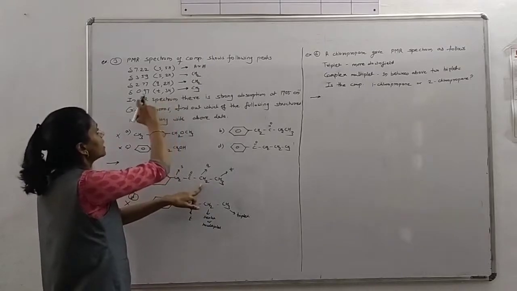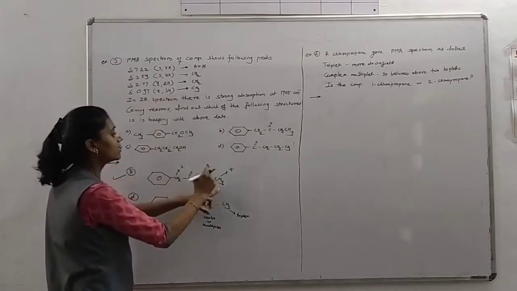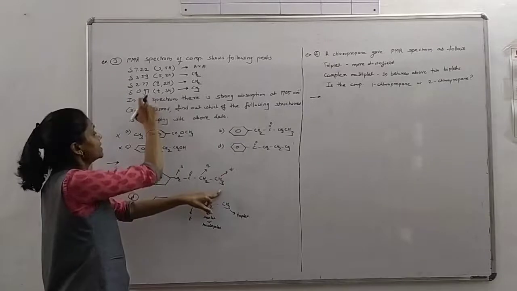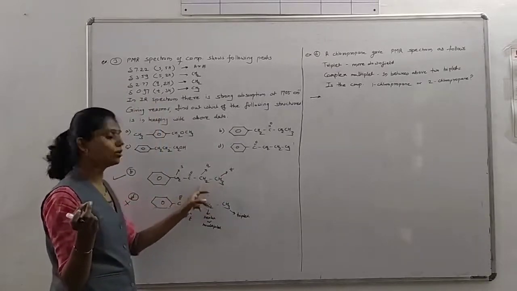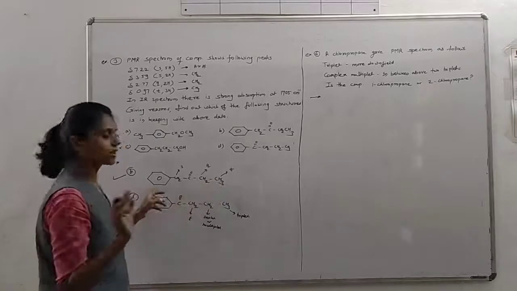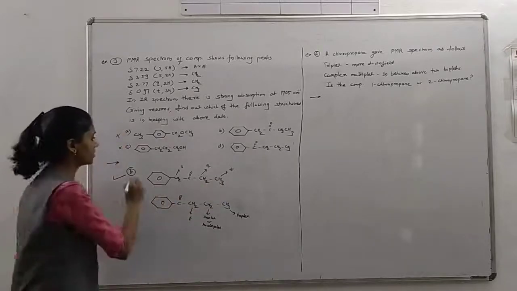Here 3 protons give a triplet at 0.97, near 1, since this is attached to a carbon atom. So this structure B is now confirmed.